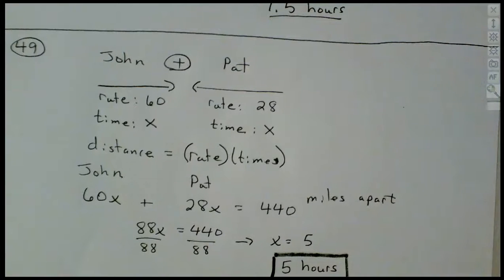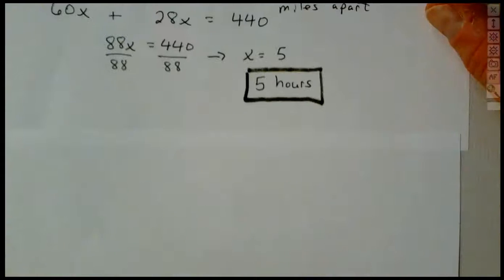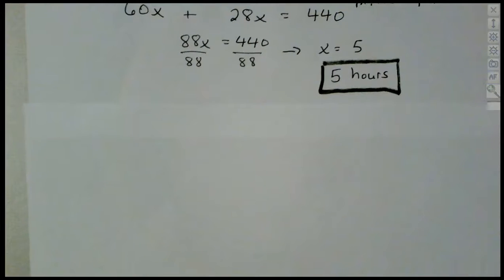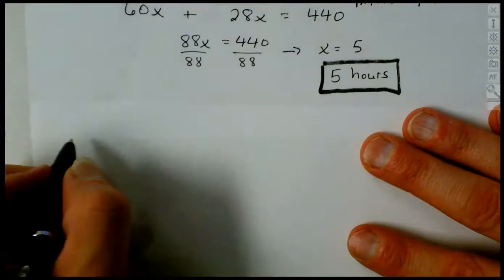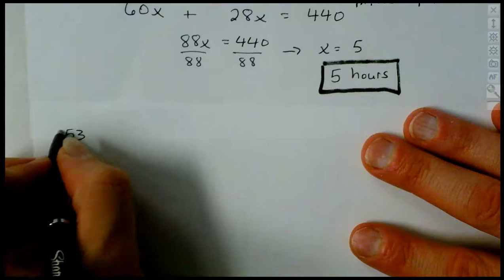So we're going to have to try to find our distance again. It is a little bit different though. So we're going to first draw our pictures of these two airplanes. We've got a plane traveling east and a plane traveling west. And this is question 53.